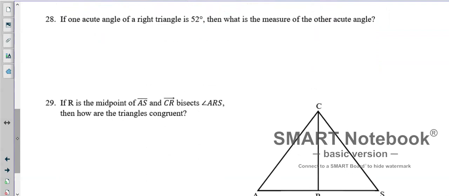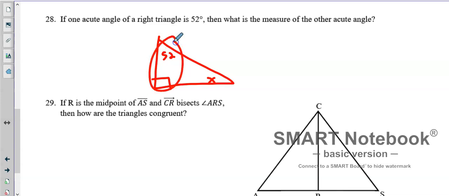28. If one acute angle of a right triangle is 52. So immediately draw a right triangle and mark it 90. It doesn't matter which one you put, 52 right there. We're trying to find this one right here. What's the other angle? There's two ways to do this. You can add these together, 90 plus 52, and get 142.